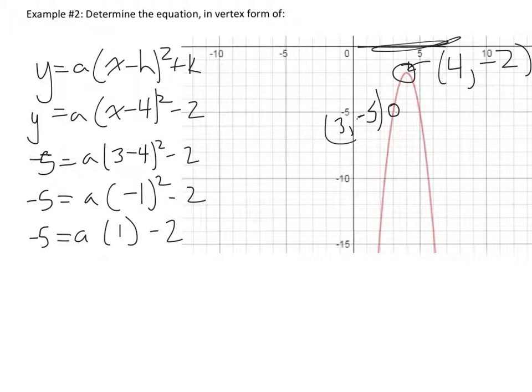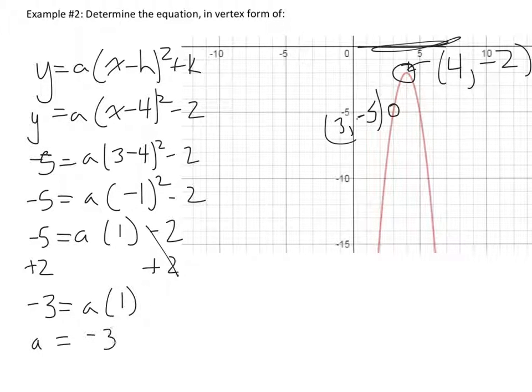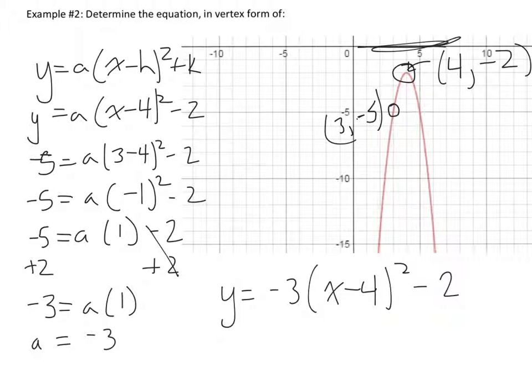I can't just go and do 1 minus 2. What I must do is move the 2 over, so I'm going to add 2 and add 2. These cancel out, and I get -3, and a times 1 is just a, so I know my a value is -3, and I write my final answer as y equals -3(x minus 4) squared minus 2. I know that's also correct because when I look at my a value of -3, my parabola opens down and is quite stretched or narrow.